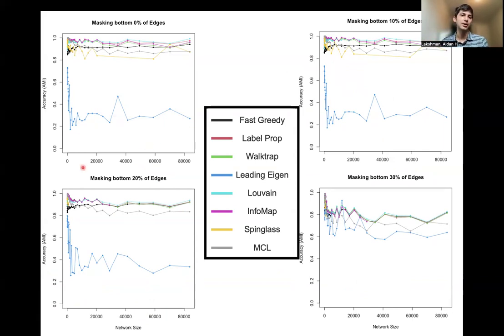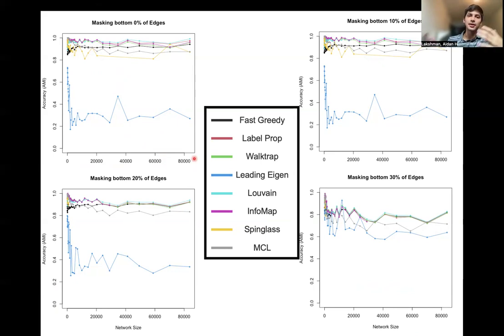And what I'm showing here is the x-axis being the number of nodes, each plot being how aggressively we're masking. So the top left is removing no edges, the bottom right is removing the 30% weakest edges in the graph. And the y-axis being accuracy relative to the known ground truth on the synthetic benchmark using adjusted mutual information. It's a common way to measure community detection performance.